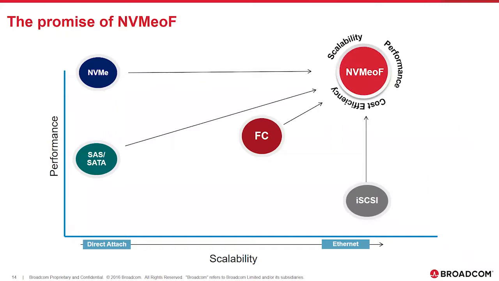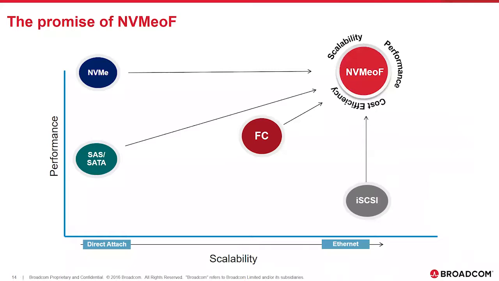Yes, hi, good morning, everyone. So this probably echoes a little bit your introduction, but just to show where NVMe over Fabrics fits in among other storage technologies. Basically, NVMe allows you to combine both scalability and performance.